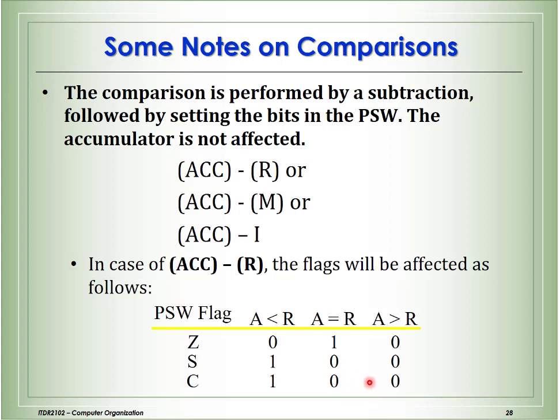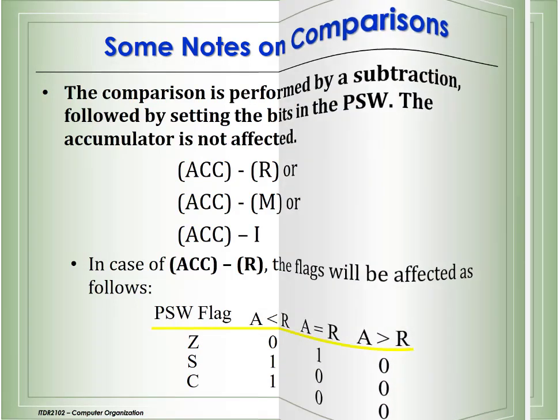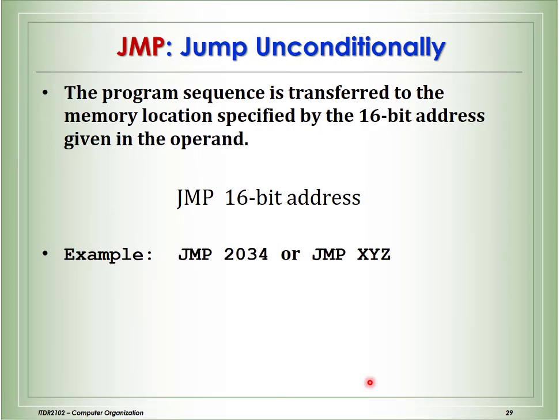So these are the flags which we discussed in the last few slides, showing what will happen after the execution of any instruction. Now jump: this is basically program control.